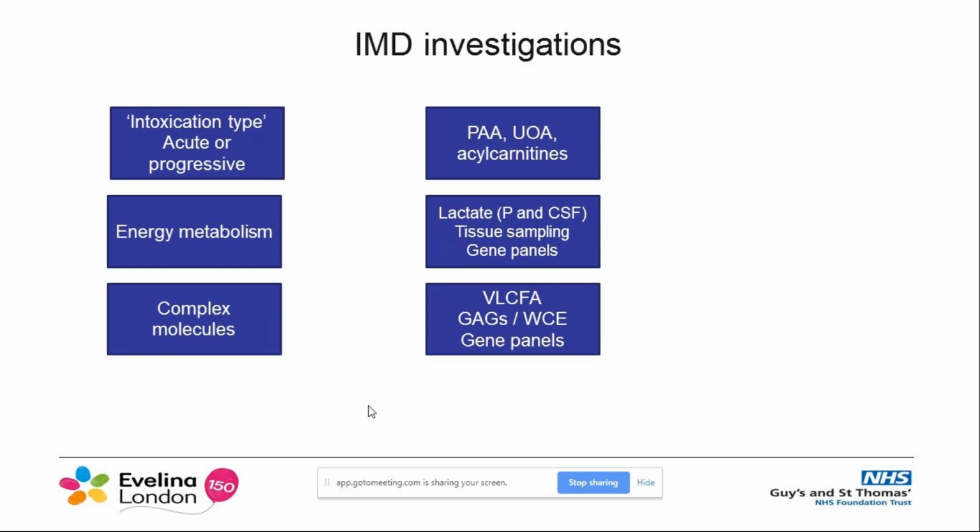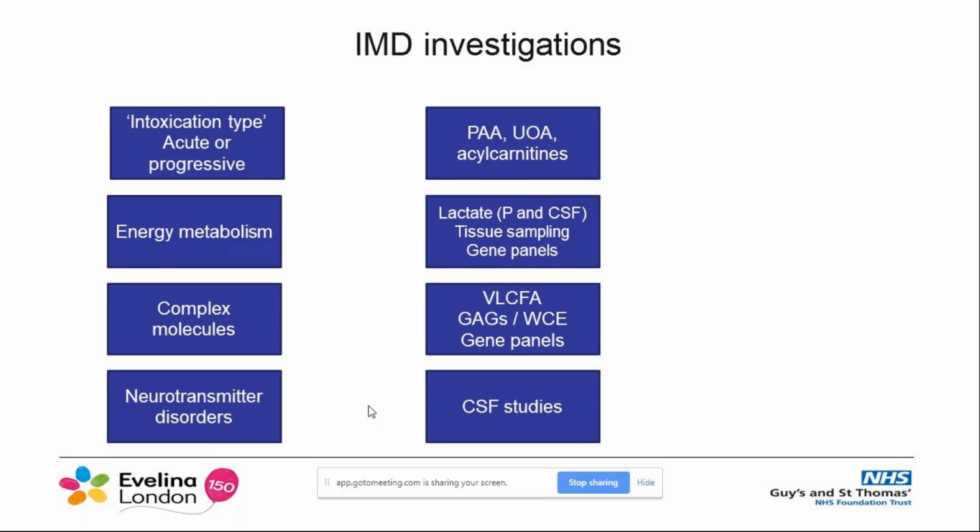And disorders of complex molecules, as a brief screen, we would look for very long chain fatty acids, the urine GAGs, white cell enzymes, and again, genetic diagnoses. And then neurotransmitter disorders, as the name implies, tend to rely on CSF studies. But essentially, we are moving a little bit more towards whole exome and whole genome sequencing, but we do rely a lot on our biochemistry still.